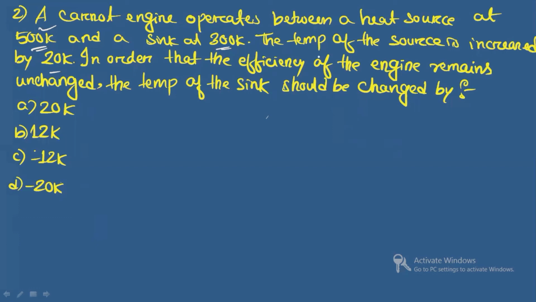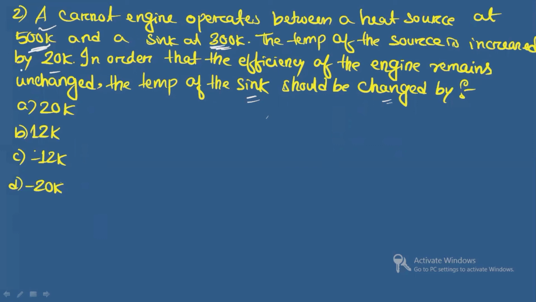In order that the efficiency of the engine remains unchanged, the temperature of the sink should be changed by how much? So it is said, so that efficiency is not changing. There should be no change in the efficiency. For that, what should be the change in the sink? So let's see the question once again. It is said a Carnot engine is operating between heat source 500 Kelvin and heat sink 300 Kelvin.